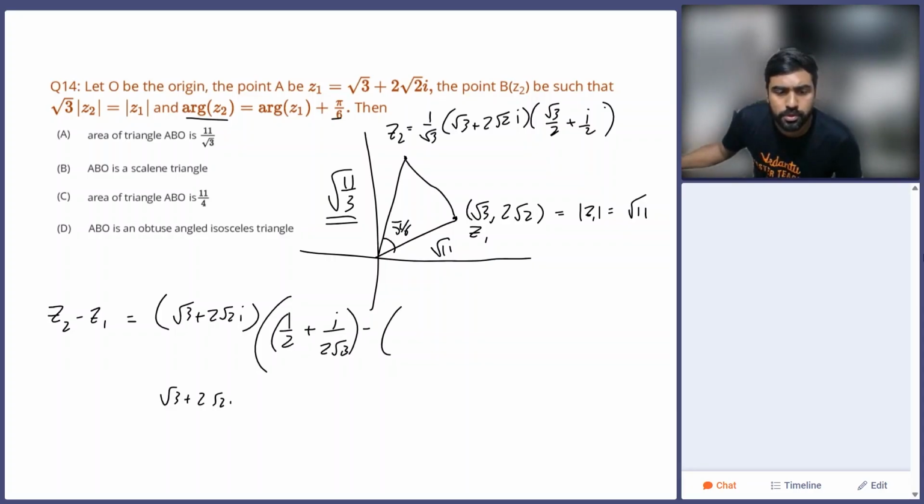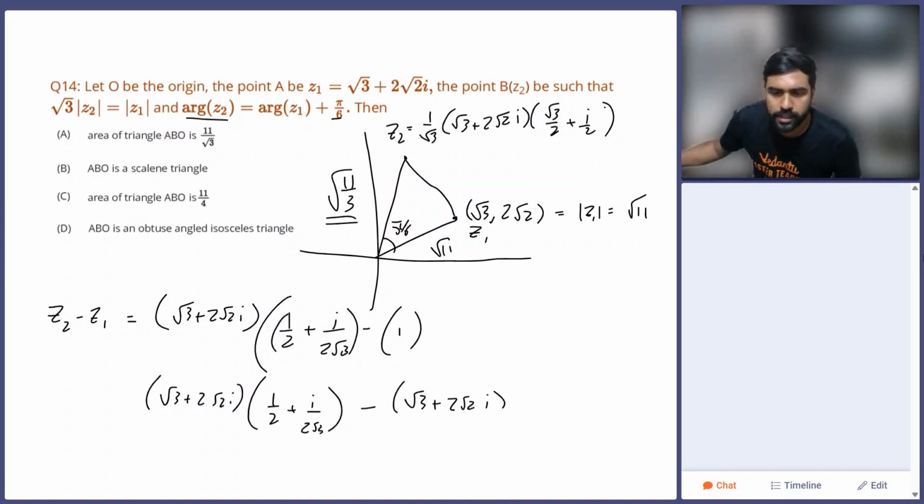What is this? Root 3 plus 2 root 2 iota into 1 by 2 plus iota upon 2 root 3, minus Z1, which is root 3 plus 2 root 2 iota, right? So just a minus 1 will be left out over here.